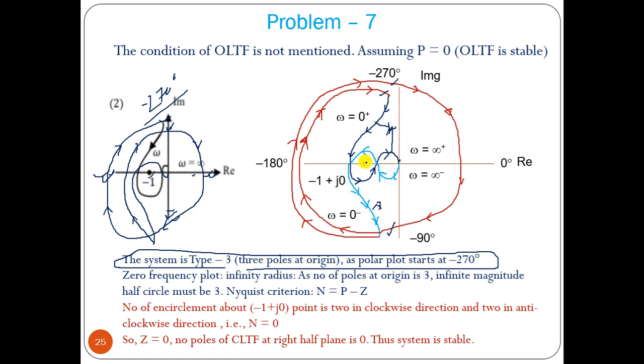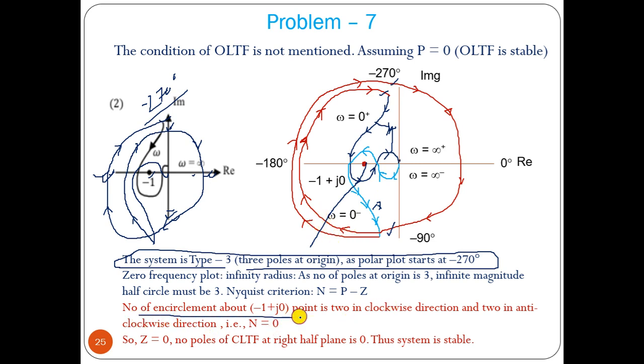Now if we draw a line here, what you can see, this is clockwise, and this is anti-clockwise. This direction is anti-clockwise, this direction anti-clockwise, these two clockwise.